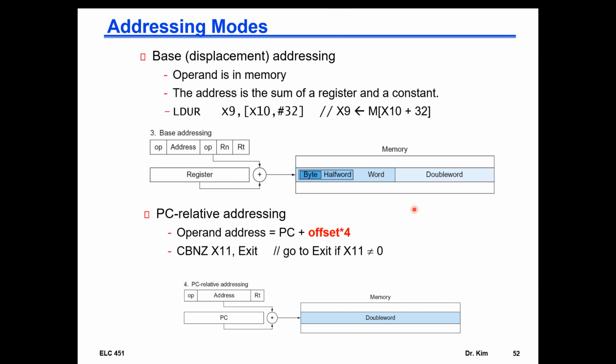And then we have PC relative addressing, where the operand address, what we call the target address of the branch, is the program counter plus the offset from the program counter times 4. Why are we multiplying times 4? Well, because our addresses are in bytes, but by definition, the program is in words. You don't have a program instruction that does not fall in boundaries of 4 bytes.